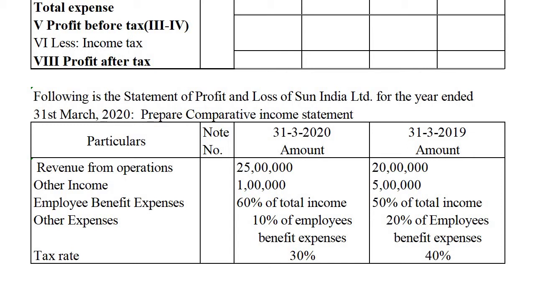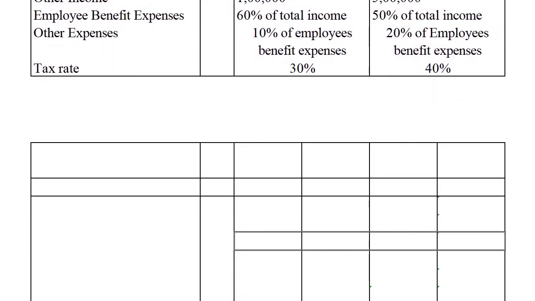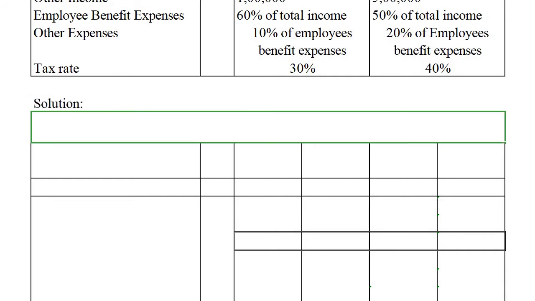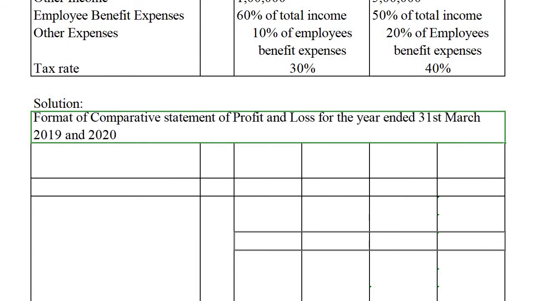Now let us solve the question by preparing a comparative statement of profit and loss. So here is the solution. Format of comparative statement of profit and loss for the year ended 31st March 2019 and 20.